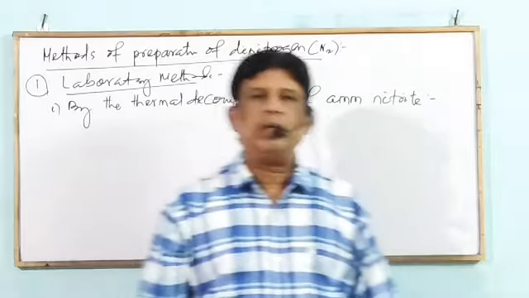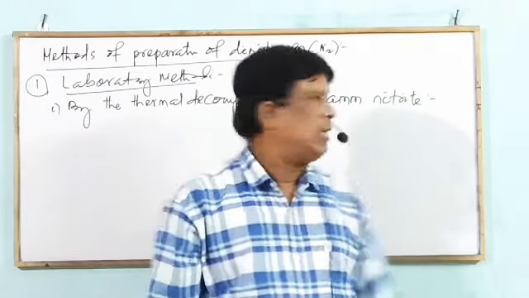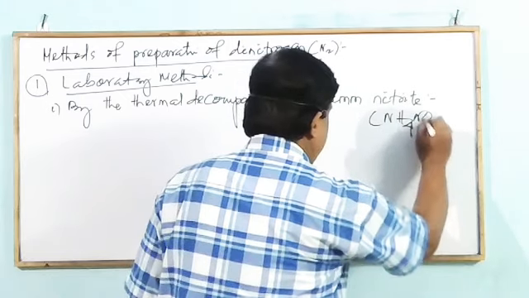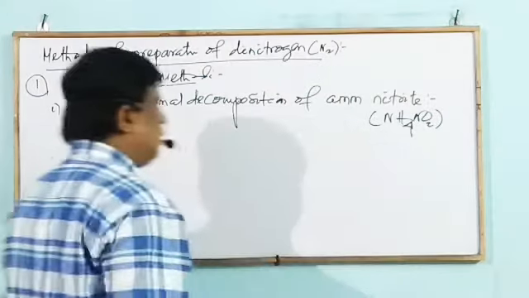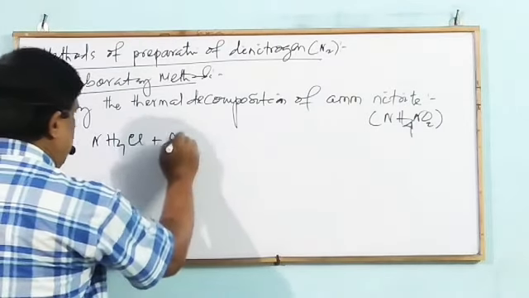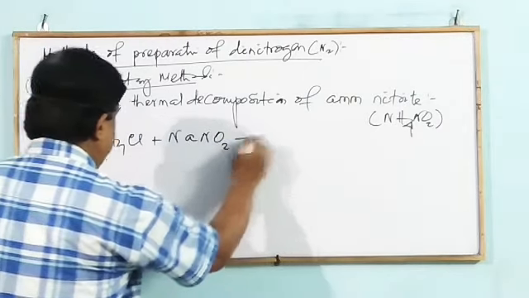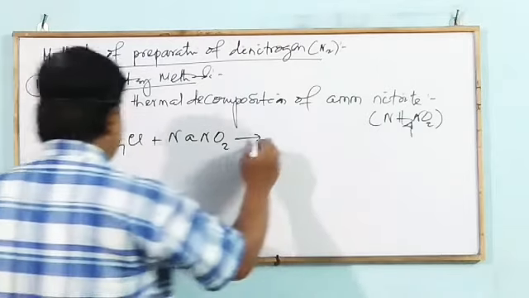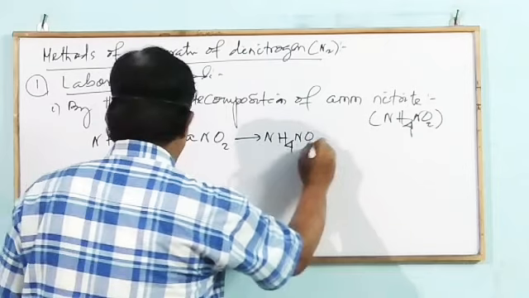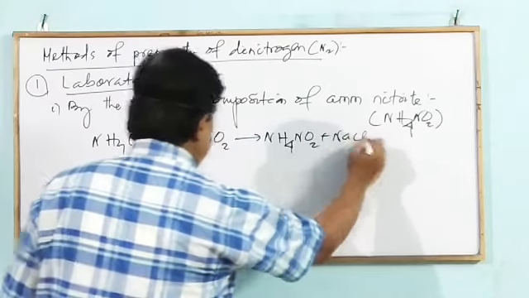In the laboratory, when you select ammonium nitrite, that is NH4NO2, NH4Cl plus NaNO2 give rise to NH4NO2 plus NaCl.